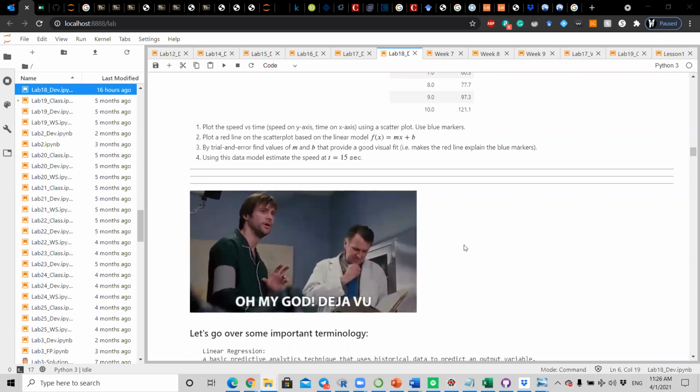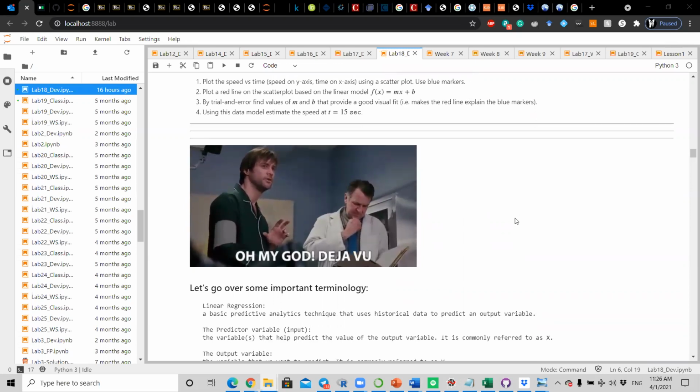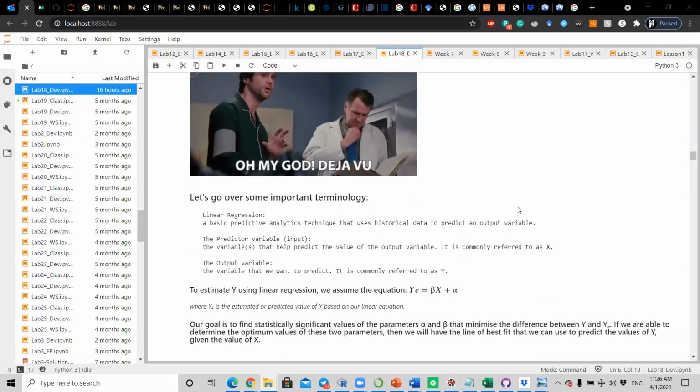In this case, we have two sets of numbers, and we are interested in predicting a number based on these. Now, let us go over some important terminology. Linear regression is a basic predictive analytics technique that uses historical data to predict an output variable.